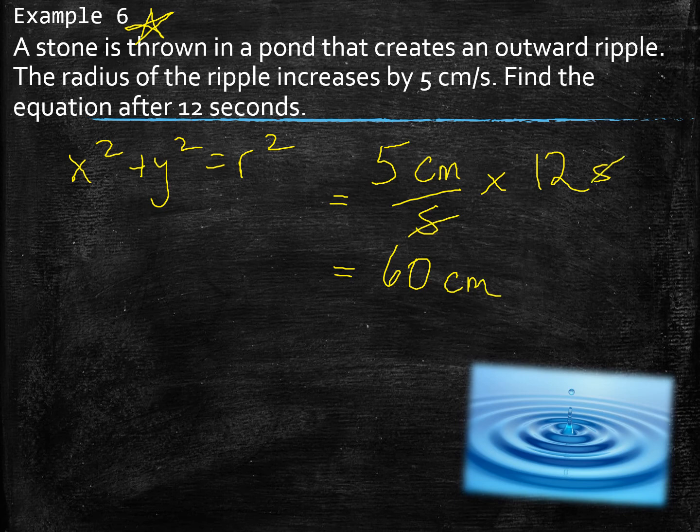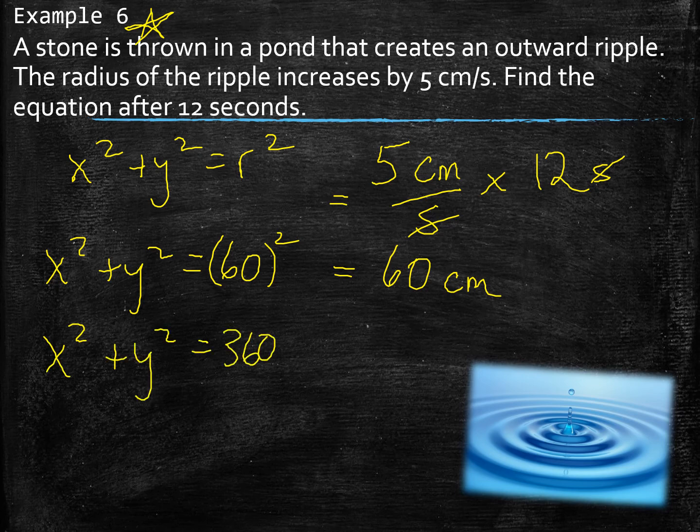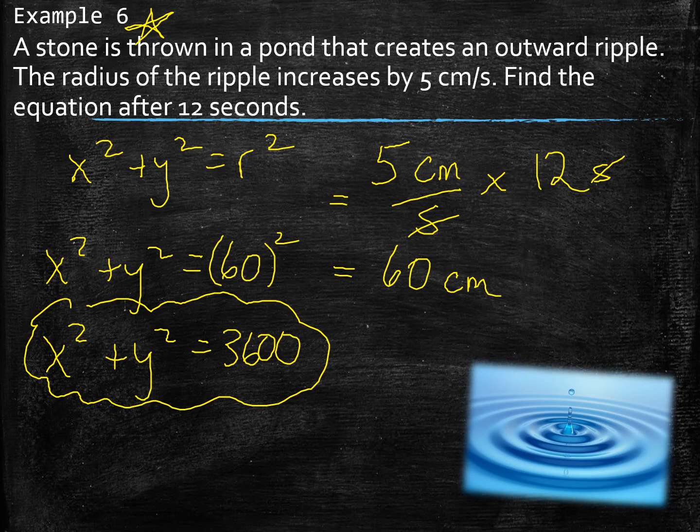The seconds cross out, that's how we know we're just left with centimeters. Once you know that, you know the radius is 60 centimeters. So to plug that into your equation, x squared plus y squared equals 60 squared. And 60 squared, if you use your calculator, is 3,600. And there is the equation of the circle 12 seconds after the stone has been thrown into the pond.